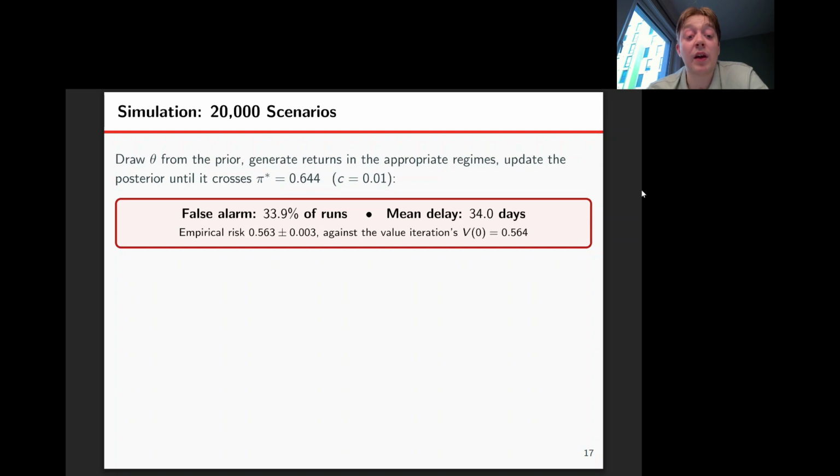We notice that 33% of runs end in a false alarm. The mean delay after the disorder occurs is 34 days, and the empirical risk, which we got via this iterative formula, is very similar to the theoretical risk V naught, which is 0.564.